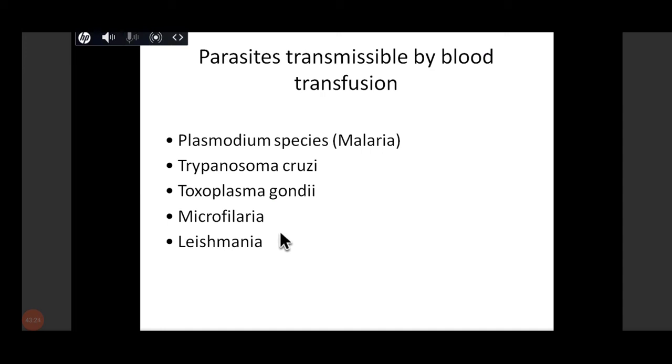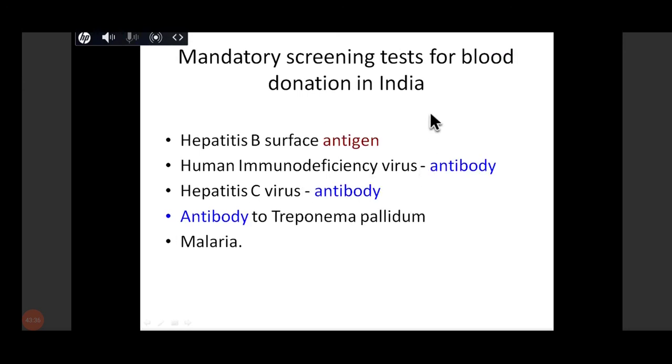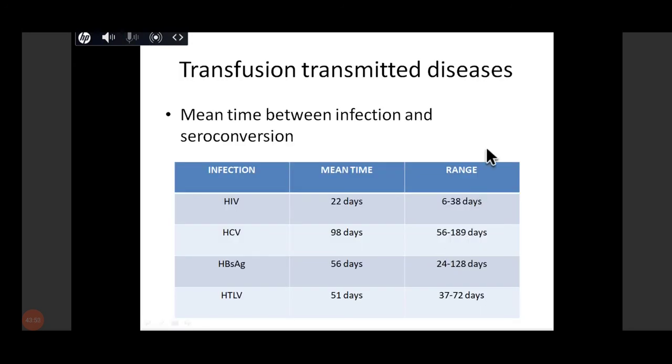However, reactions do occur, which can be because of the many things which I have said, such as febrile non-hemolytic transfusion reactions or because of some minor cross match issue. Okay. So for mandatory screening for blood donation in India, we have surface hepatitis B antigen, which is done here also, HIV, hepatitis C, and VDRL, and we have blood screening for malaria.